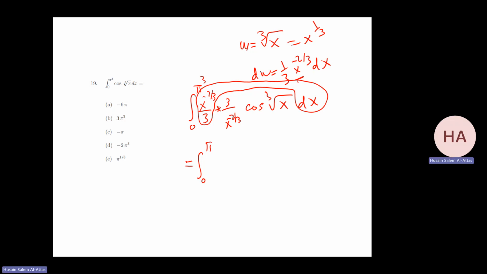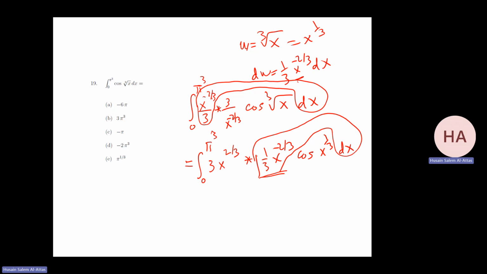So that will remain 3 x to the power 2 over 3 times 1 over 3 x to the power minus 2 over 3 cosine of x to the power 1 over 3 dx. Until now I did not make any change. This is w squared, and this with this is dw. So I have from 0 to pi of 3 w square cosine w dw.